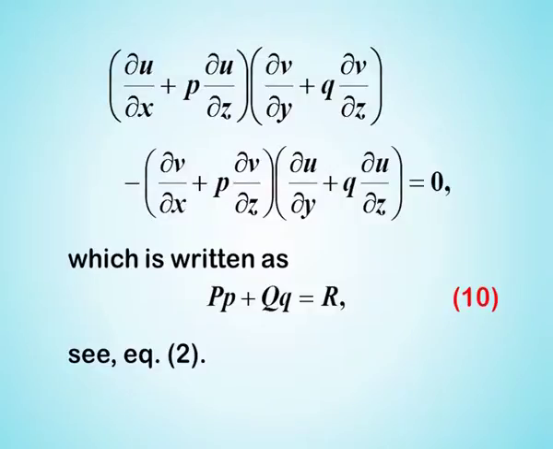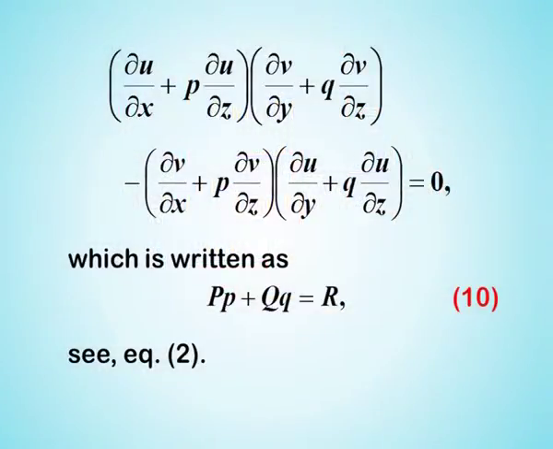Everything, P and Q, are classified, we all know. du/dx, dv/dy are appearing as such from that relation, and this particular thing can be written as Pp plus Qq is equal to R. Very simple. P is a function of x, y and z, Q is also a function of x, y and z.